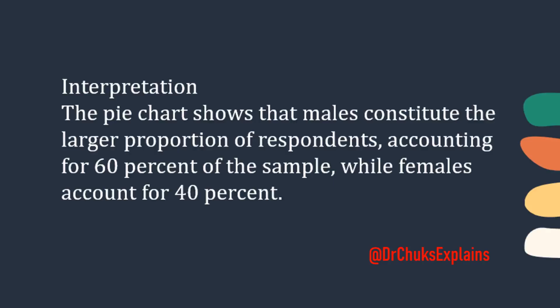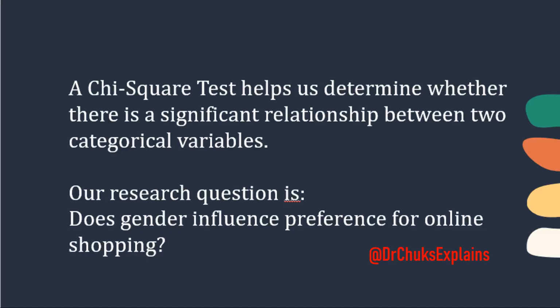Now let's move from descriptive statistics, which is just tables, frequency tables and pie charts, to inferential statistics, that is chi-square. The chi-square test helps us determine whether there is a significant relationship between two categorical variables.